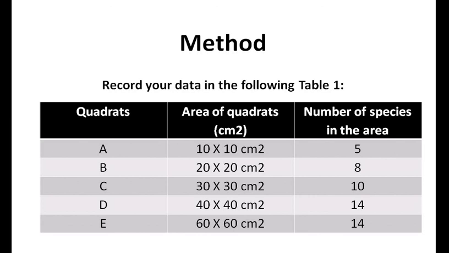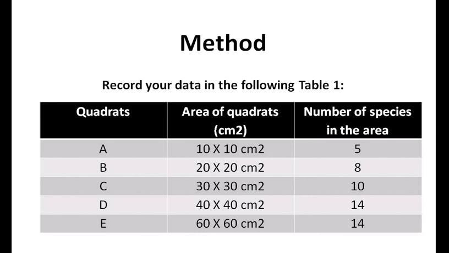In our experiment, we have recorded the data of our field experiment in table 1. Here, in quadrate A, we recorded 5 species. In quadrate B, having area 20 into 20 cm square, we recorded 8 species.